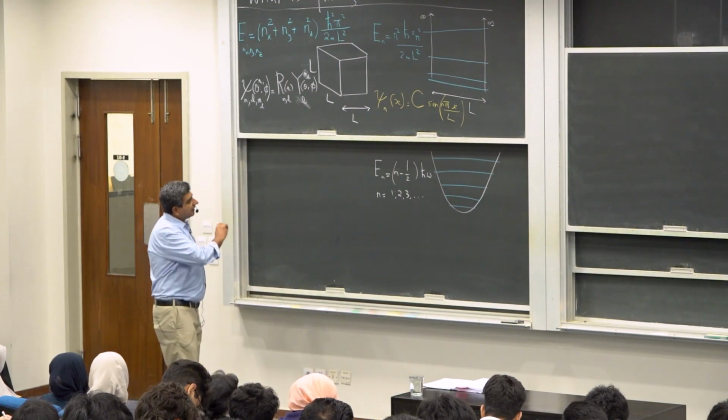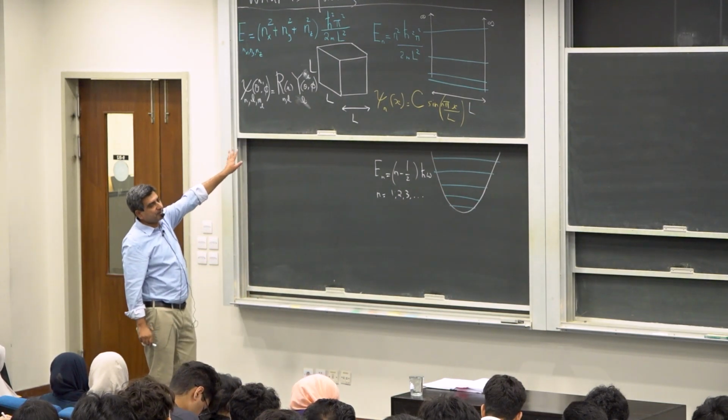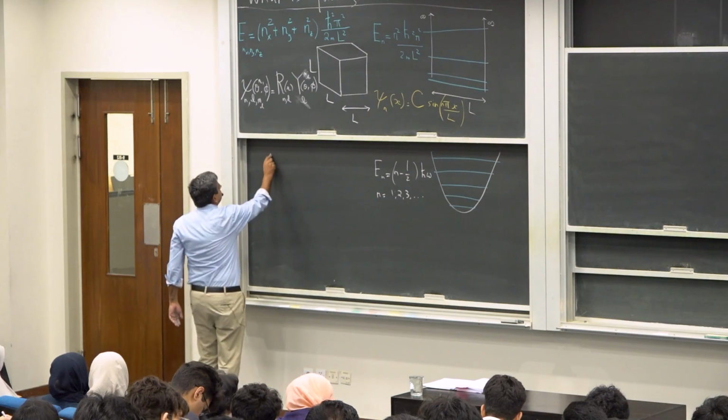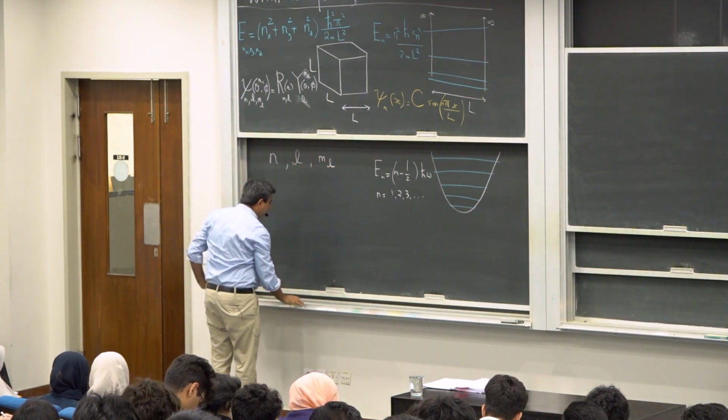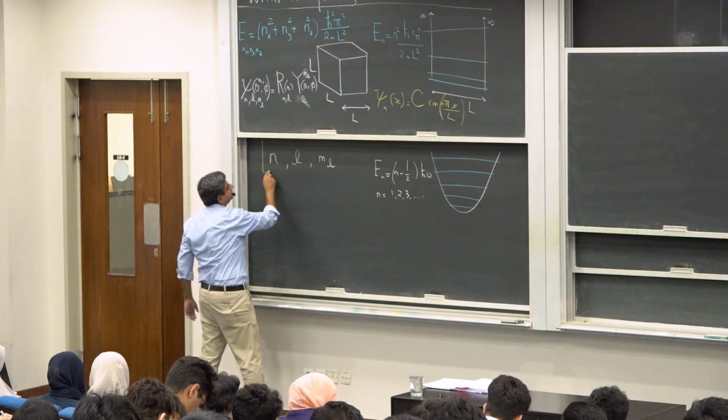Now in our hydrogen atom we have these three quantum numbers n, l and ml. What do they quantize?